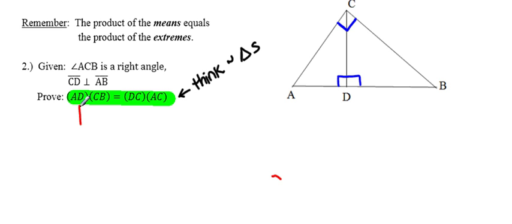The triangles that I'm going to use have to have sides that are used in those products. So AD is going to be one of the sides in one of my triangles. CB is going to be a side in one of my triangles. DC is going to be a side in one of my triangles.